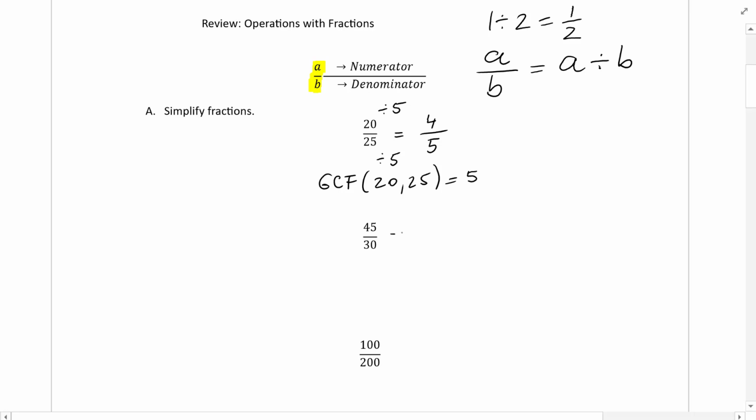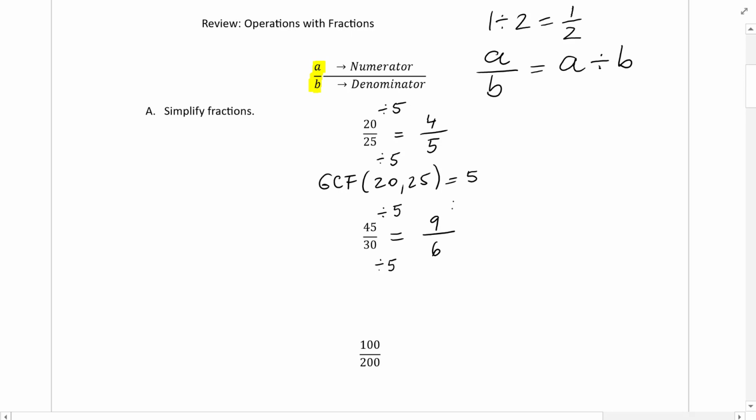Now let's take a look at 45 over 30. Again, we can try to find the greatest common factor, but we can also go step by step. We notice that both of these numbers can be divided by 5 since they end in 5 and 0. So 45 divided by 5 is 9, and 30 divided by 5 is 6.